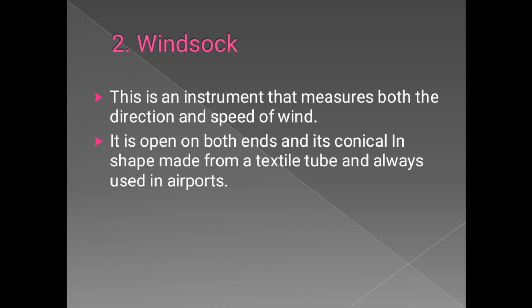And to our first instrument, which is a windsock. A windsock is used to measure both the direction and speed of wind. A windsock is structured in a way that it's conical in shape, and both sides of the windsock are open to allow the free flow of air.